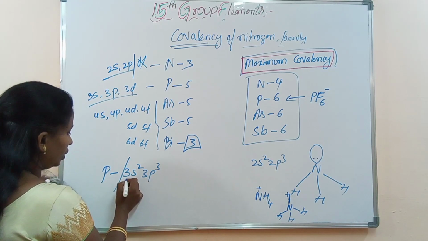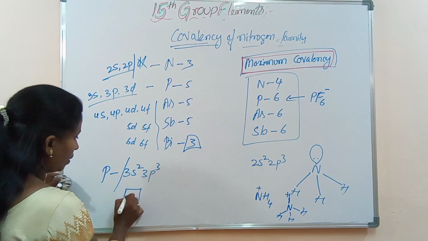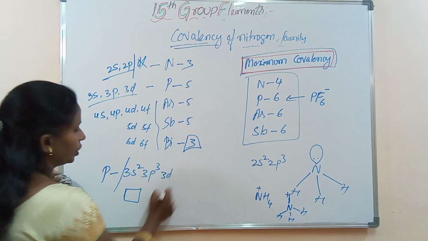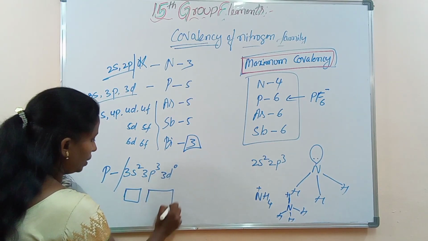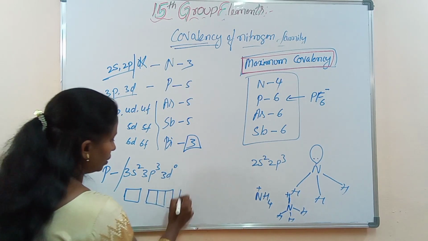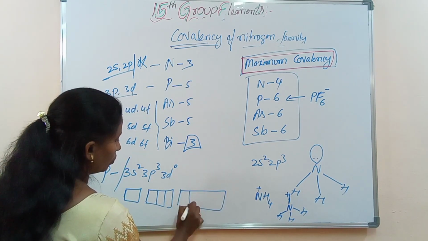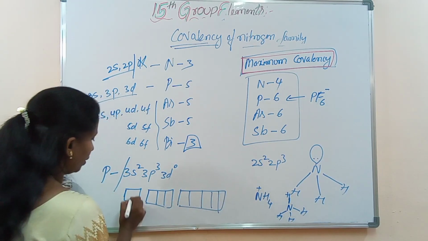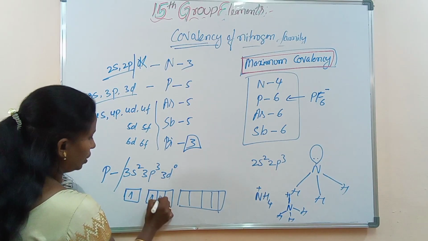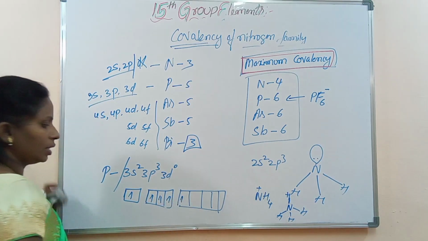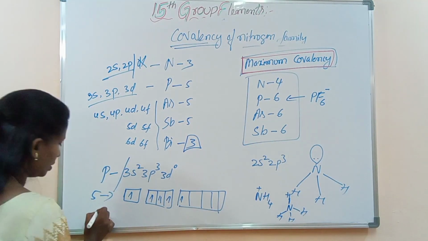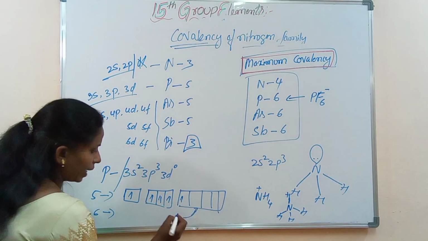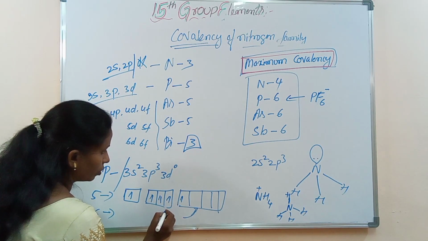It can extend to the 3d orbitals, 3d 0, I will write it. Here this is p, then this is d, 1 2 3 4 5. This is 5 bonds.